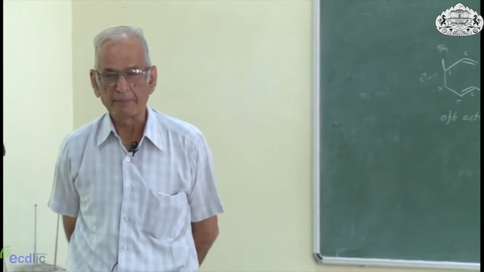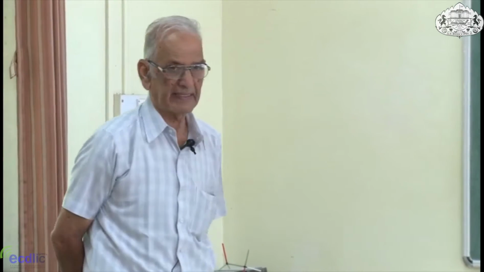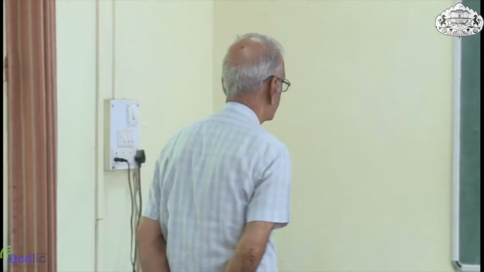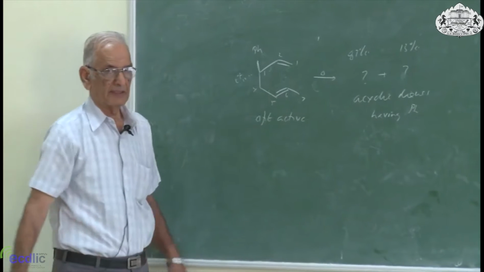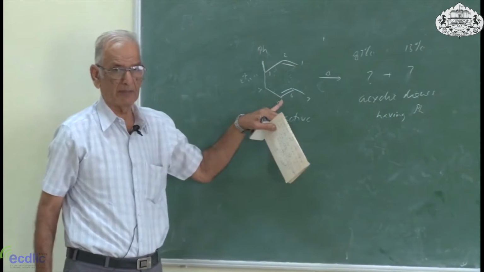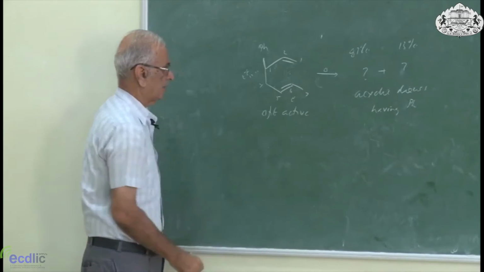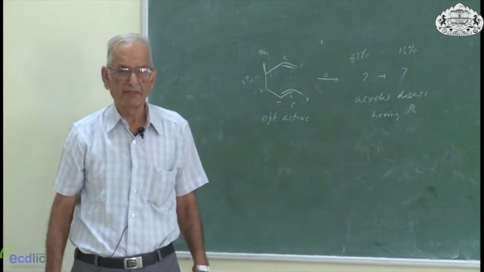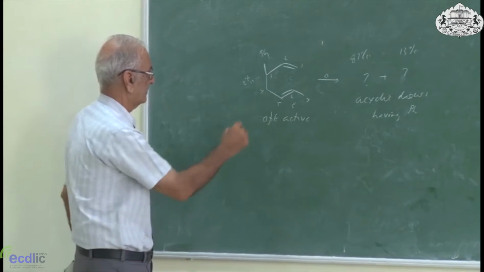So, 1,5-heptadiene, 3-phenyl, 3-ethyl, 1,5-heptadiene. We have to specify the geometry of the double bond. Let's say E double bond. We have to specify the stereochemistry at carbon number 3.